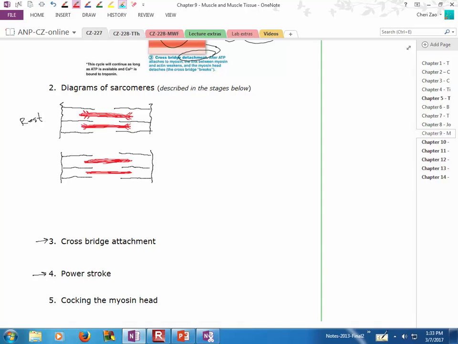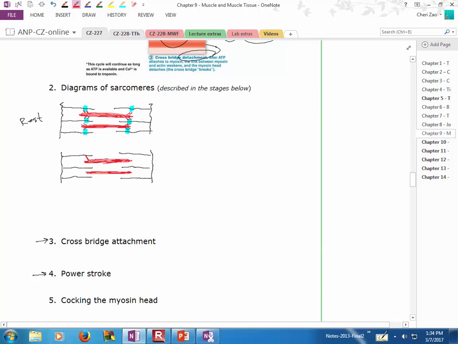And I'm going to put something in the way right now. What's in the way? Tropomyosin's in the way. And so we know that this is at rest because they cannot interact with one another. Now on the one down below, though, I'm going to draw this kind of a thing.